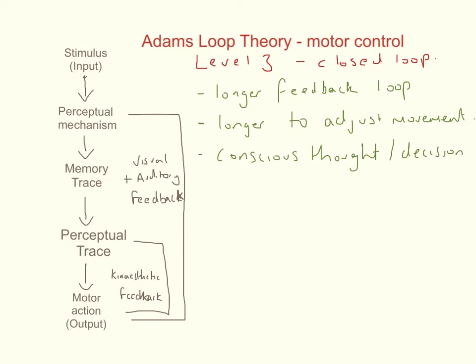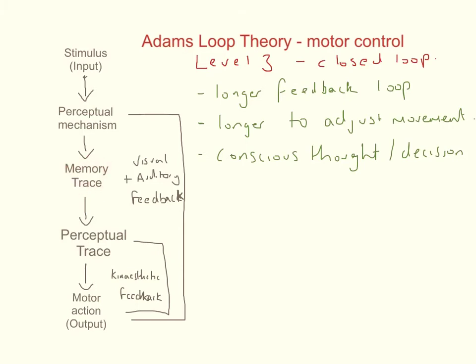Now we know that because once we've performed the action, we've then got this visual and auditory feedback that then goes into our perceptual mechanism and goes to our memory trace. So we have to use our memory to compare what's going on in terms of the movement with what's supposed to be going on in our motor program or our memory trace.